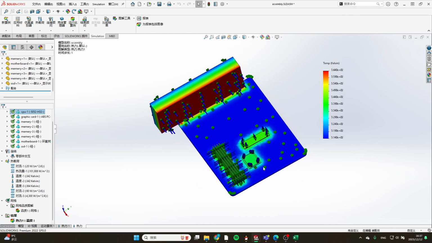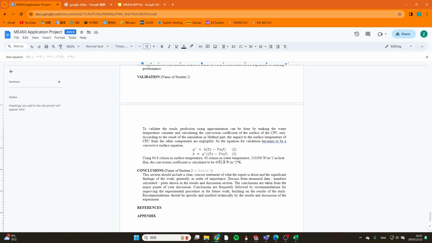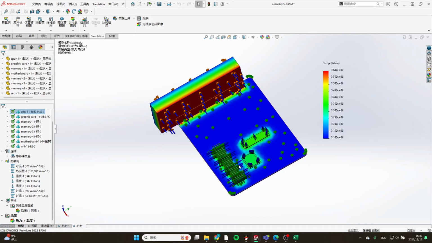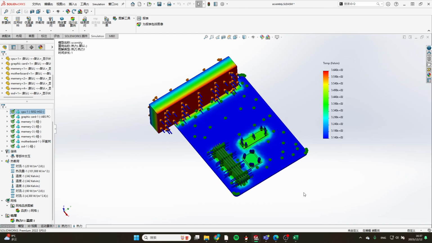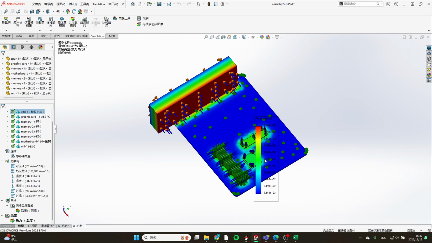So actually, there is more than one heat generating source. So this value is supposed to be larger than the ideal value calculated. So I can say this result is within the anticipation, and it follows the prediction as a mainstream. It puts us in some place where it should be in general.